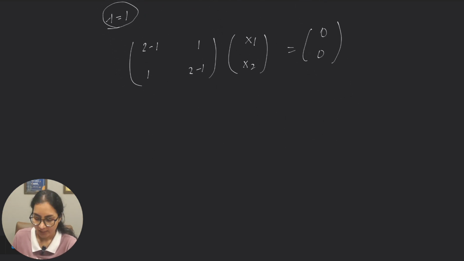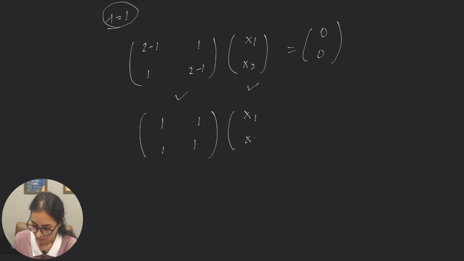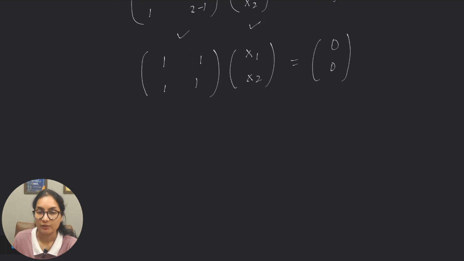Now let's multiply these two matrices. 2 minus 1 is 1. Let me simplify it more. x1 multiplied with 1 would be x1. Then 1 multiplied with x2 would be plus x2.